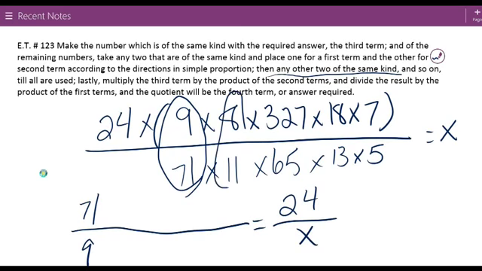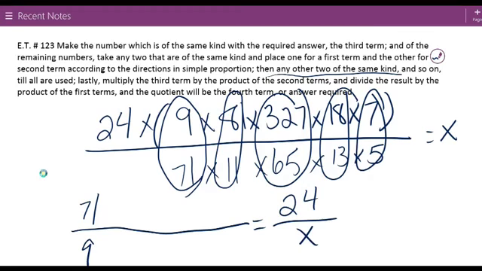So we're going to be looking again at every kind, just making sure that we follow the rule of what is going to go on top, what is going to be in the first place, what's going to be in the second place.